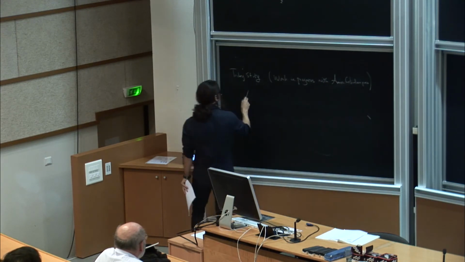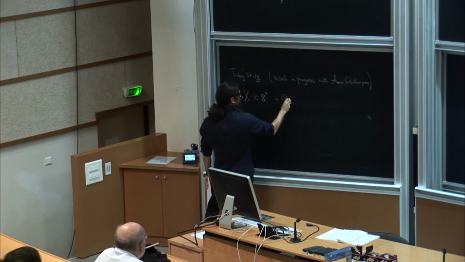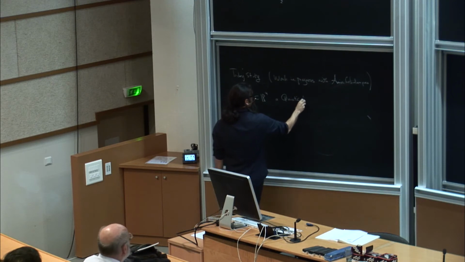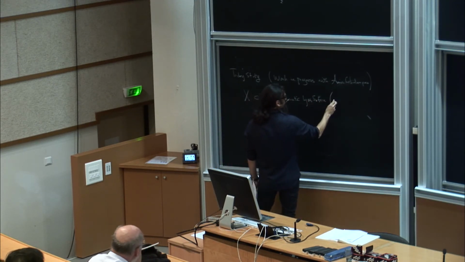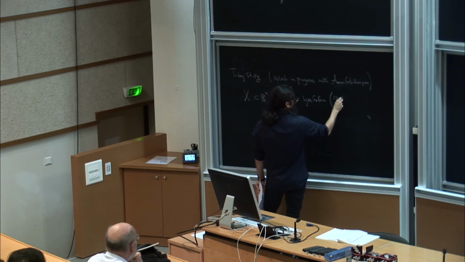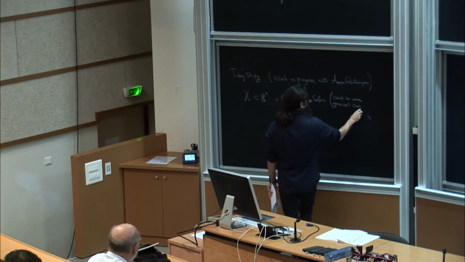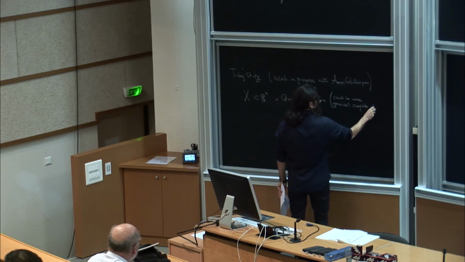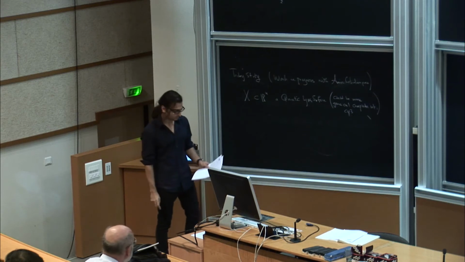We would like X to be a quintic hypersurface. In fact, it could be a more general complete intersection Calabi-Yau 3-fold. But I'm going to just talk about the quintic threefold.